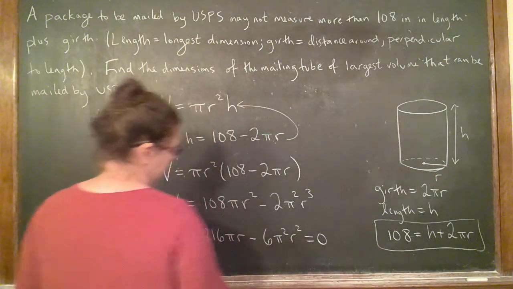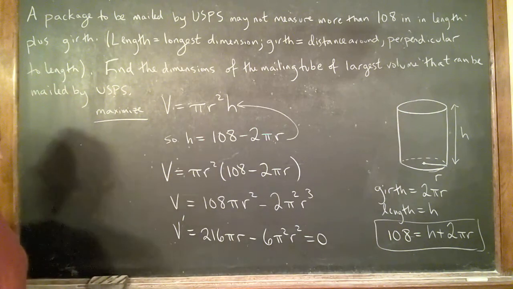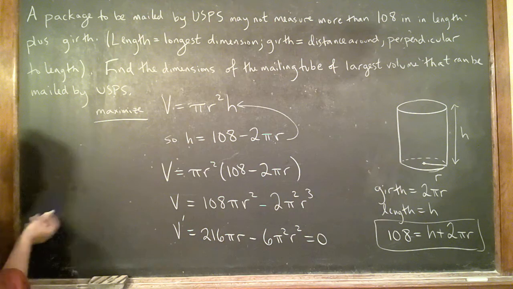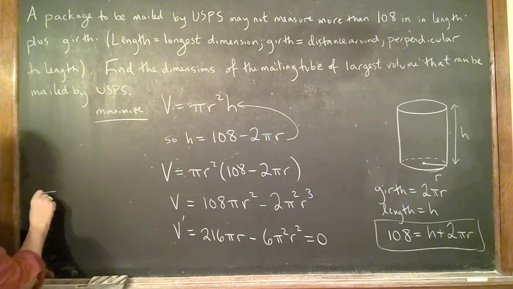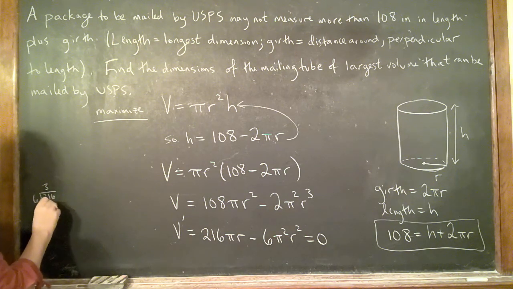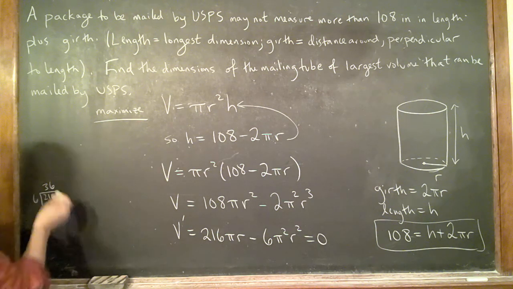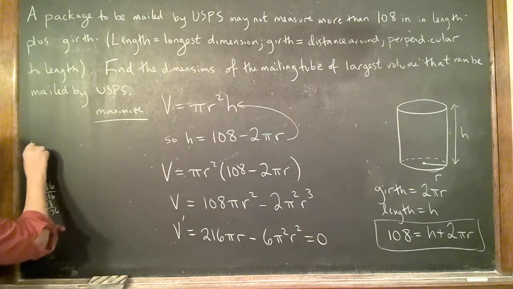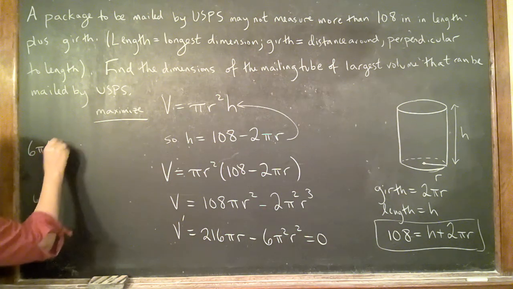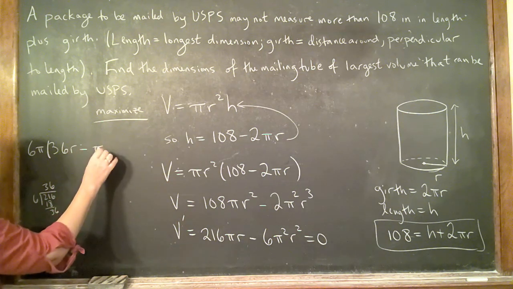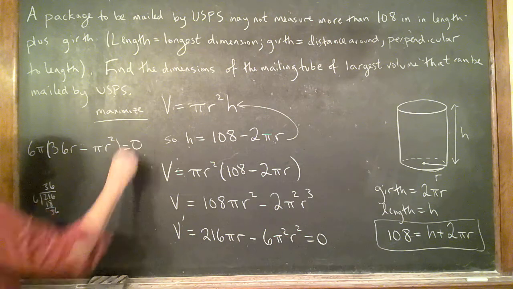Well, clearly r equals 0 is going to be one possibility. How many times does 6 go into 216? 36 times. So if I pull out a 6 pi, I have 36 minus pi r.